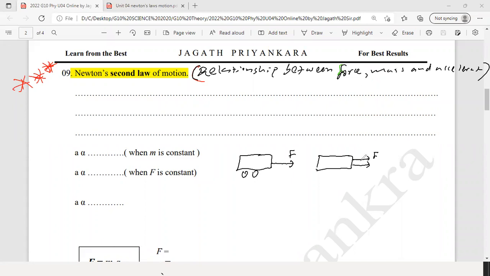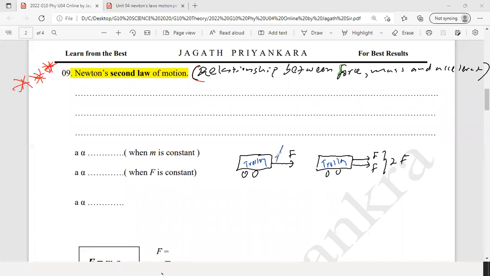So what will happen now? The second trolley will travel a greater distance than the first trolley. You can copy this down in your writing book or here itself. Here one rubber band, here two rubber bands. Please note this down, everyone. This is a trolley, this is also a trolley, two similar trolleys.